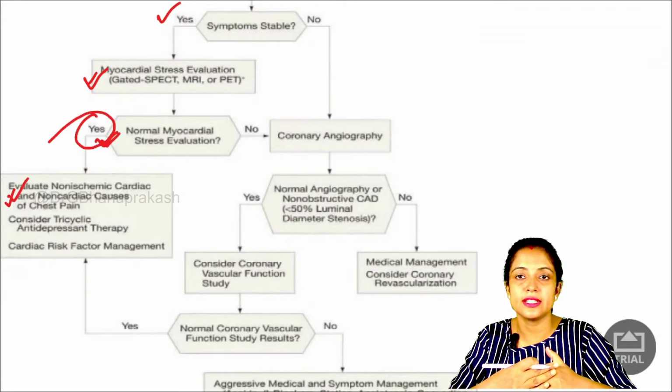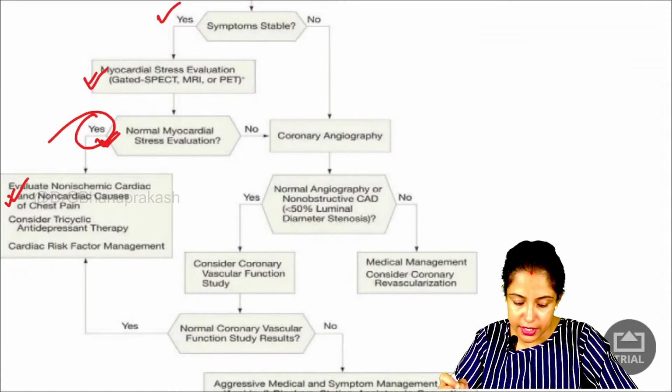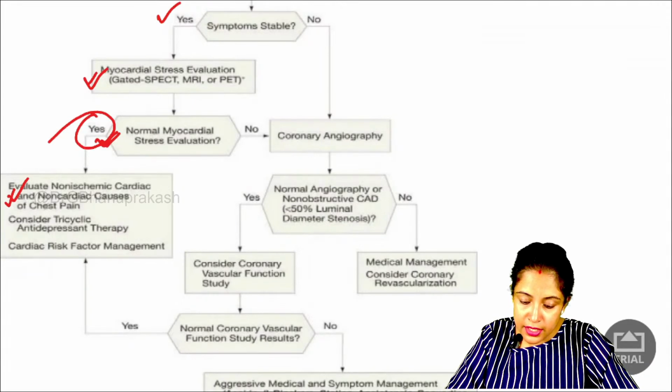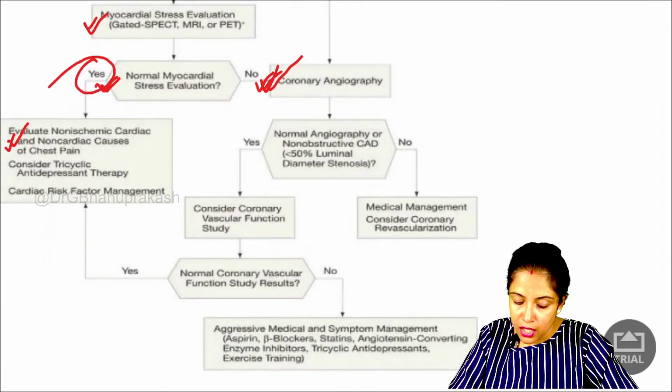Have done stress testing, no findings, then non-cardiac causes of chest pain should be evaluated. If you have done a stress test and it is abnormal, then you go ahead with a coronary angiogram. Symptoms unstable, then you also go ahead with coronary angio.